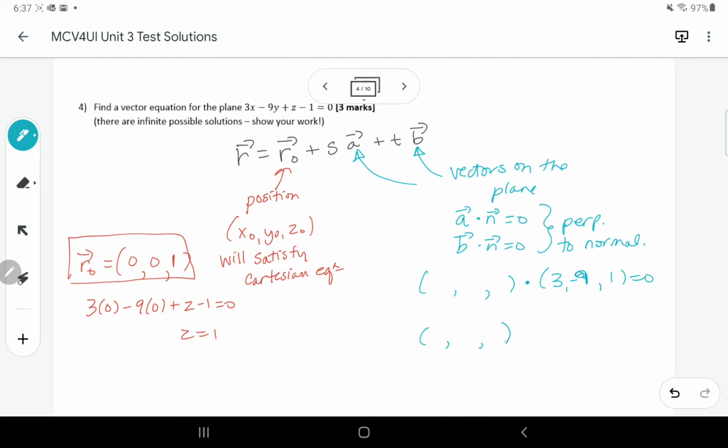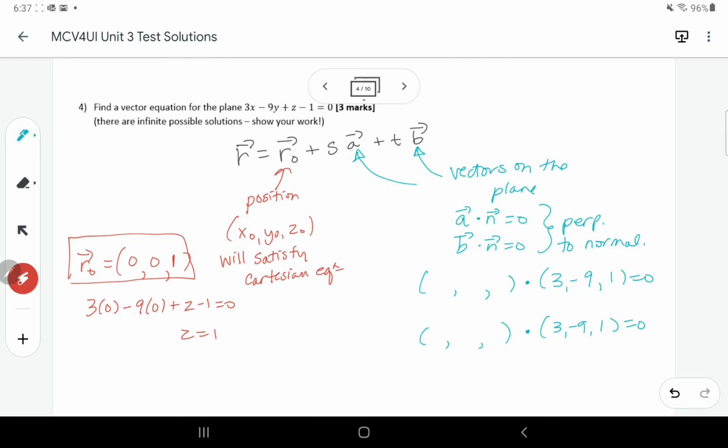And we need another vector for B dot 3, negative 9, 1 also equals 0. You can kind of fiddle around and put any numbers in there as long as the dot product equals 0. And remember, you're going to multiply the x's, multiply the y's, multiply the z's, and add them all up.